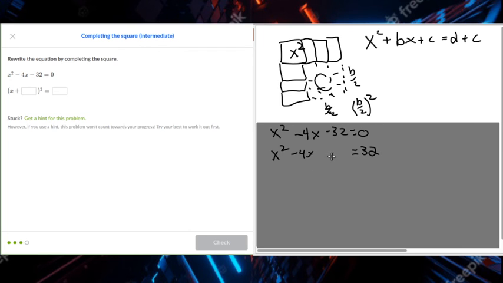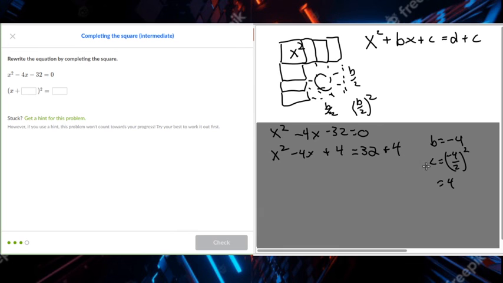Now I want to figure out what this needs to be. My b here is negative 4. And my c here needs to be b over 2 squared, which is equal to negative 4 over 2 quantity squared. And negative 4 over 2 is negative 2. Negative 2 times negative 2 is equal to 4, so I need 4. I have to add 4, but it's an equation, so I need to add 4 on both sides.